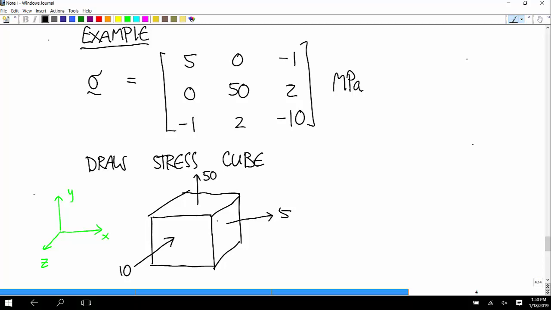XZ, and that's negative, so that would be going this direction with a value of 1. And that has to be equal to the stress on the Z face in the X direction. So there's also a 1 going this way.